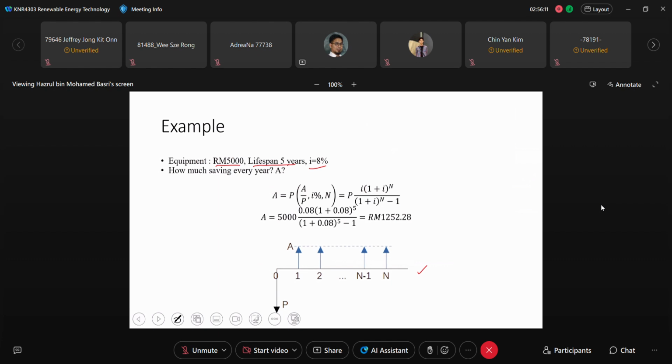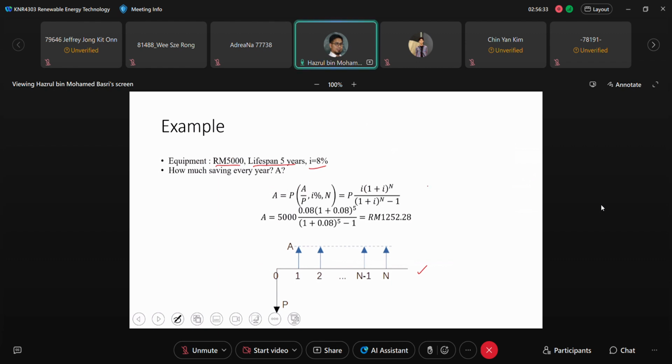So from this machine, you want to make sure that the machine is profitable. Okay. How to make sure that the machine is profitable? So from this machine, we need to make sure that we have a minimum profit over 5 years. So what do we have?